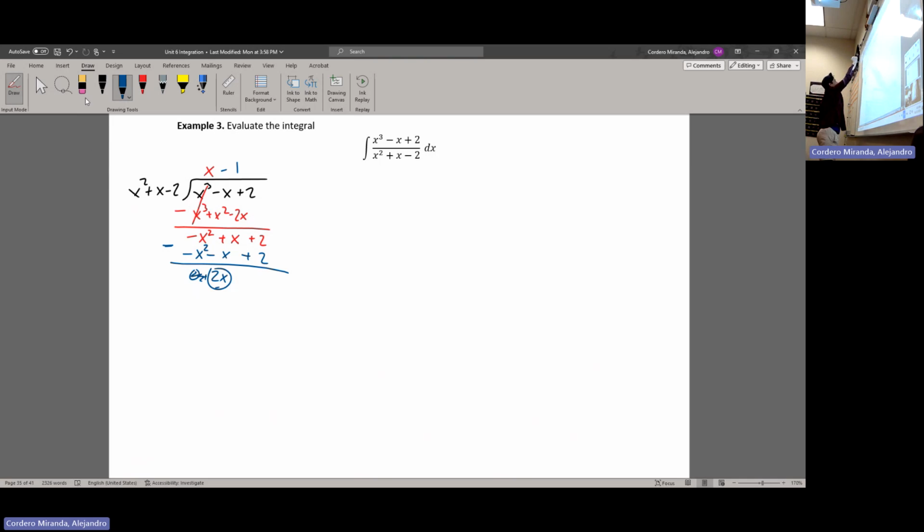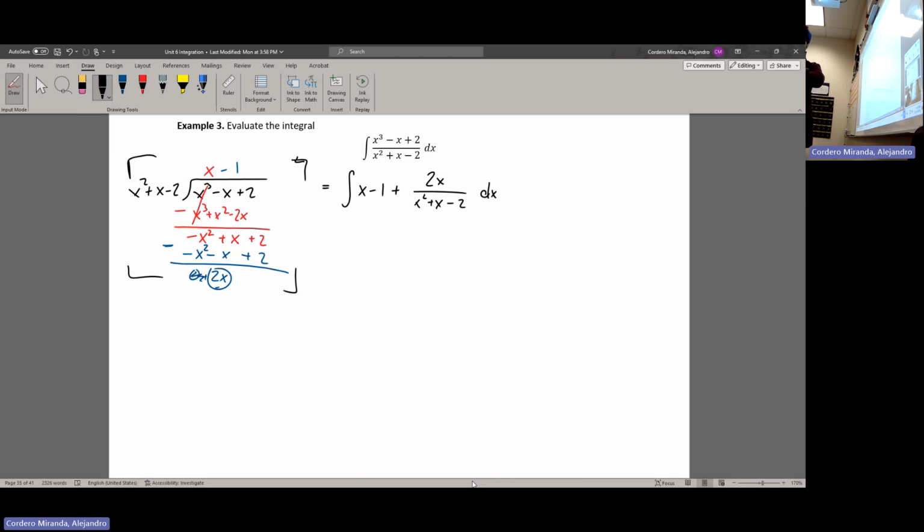And so I gotta rewrite this integral. Let me box that off because that was side work. So this integral is going to turn into, well, the fraction reduces down to x minus 1 plus a remainder of 2x over x squared plus x minus 2.